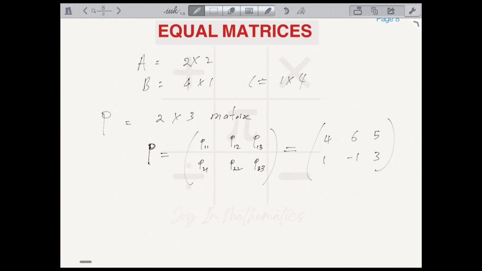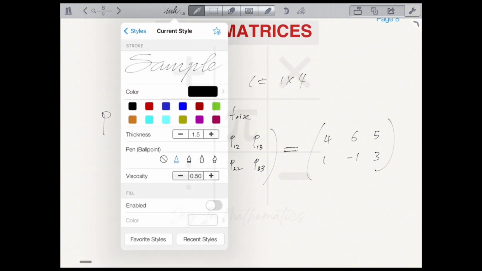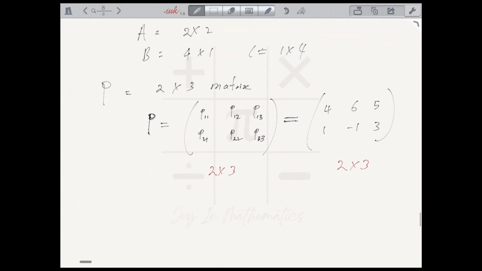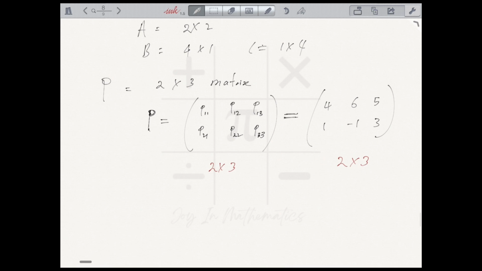Now if these two matrices are equal, if we look at it, the dimension for this is simply 2 by 3, 2 rows, 3 columns, and the same thing applies here, 2 rows, 3 columns. So yes, they are equal since their dimensions are of the same order, 2 by 3 and 2 by 3.